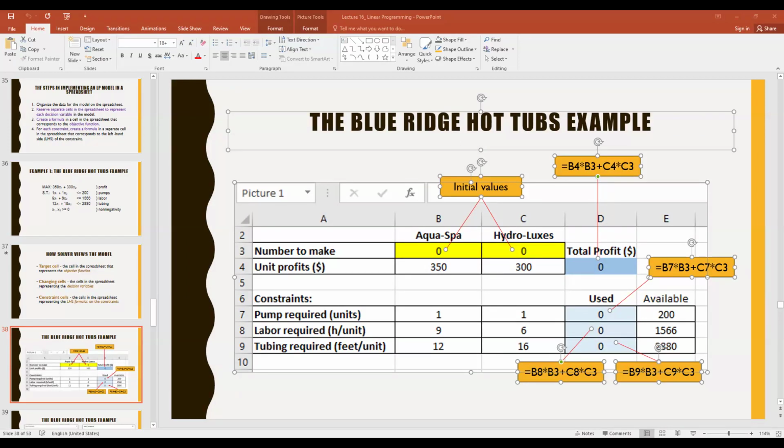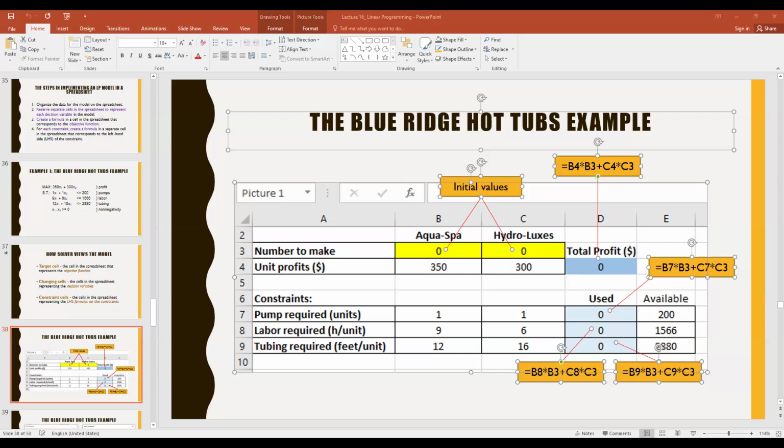We have 2 models, the Aqua A and the Hydro. For this case, we would like to produce a number starting from 0.